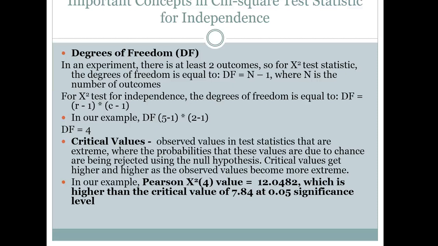So if you compare two arms and you have two outcomes, then your degrees of freedom would be 1.